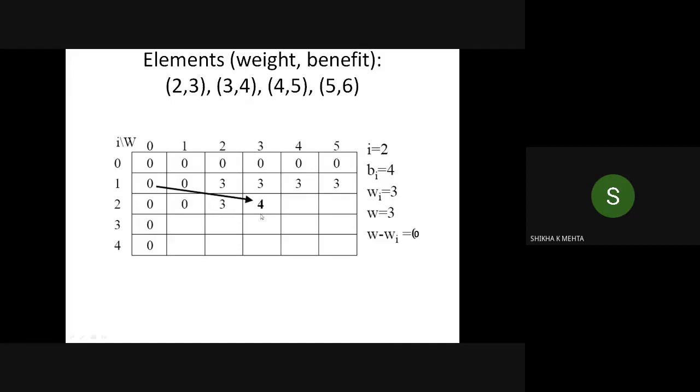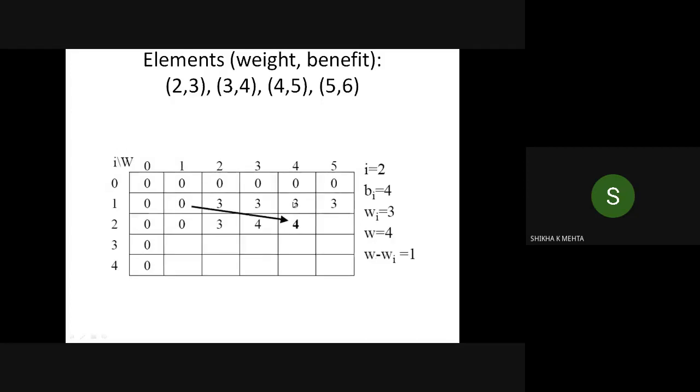Now for item 3, the knapsack weight is 3, so the benefit associated with that is 4. So we have written this value of 4 over here. Now if we take both of these two items, their total weight of 2 plus 3 is equal to 5, but the knapsack capacity is 4, so we will be repeating this value.